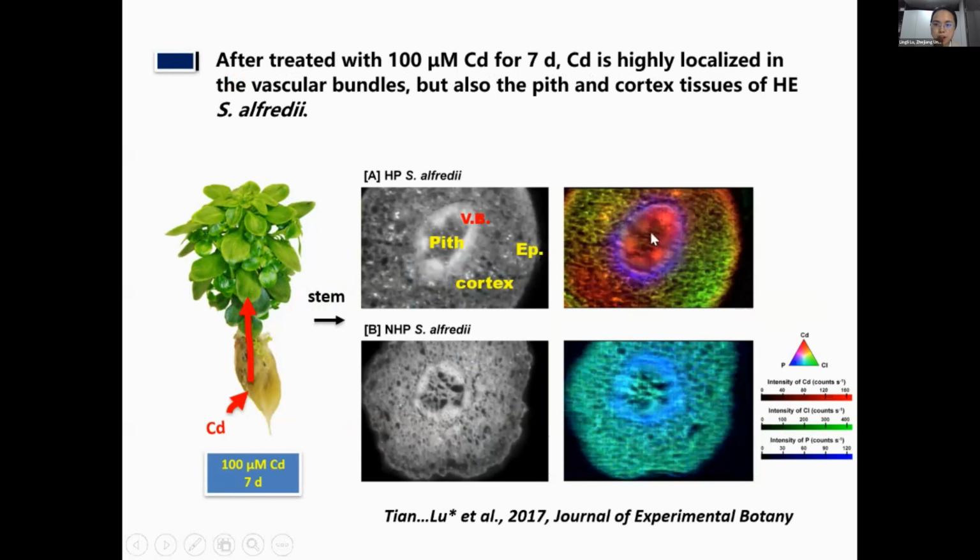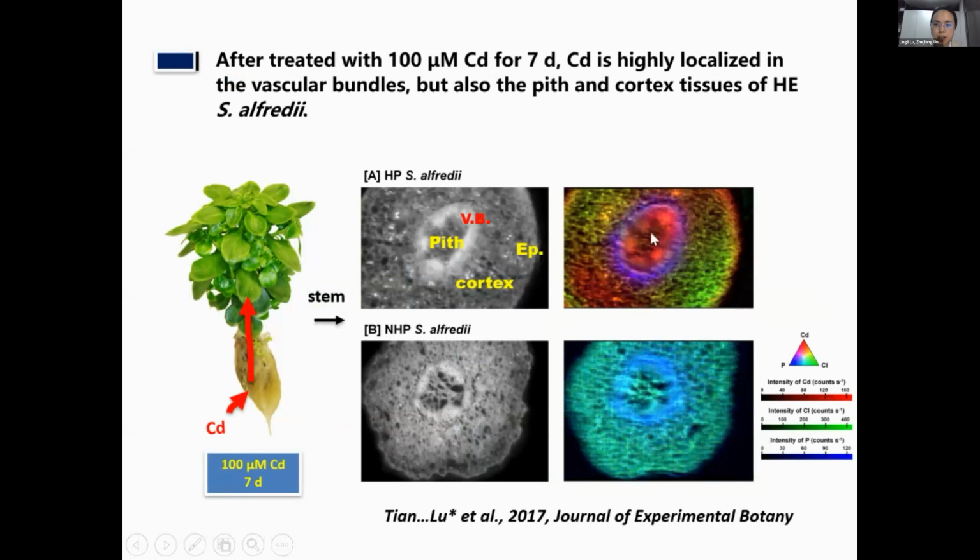Another interesting thing we found is that the cadmium distribution was very similar to the calcium distribution. So they have very similar patterns. And because we all know that calcium is sometimes stored in the vacuoles for signal transport, maybe cadmium was transported to the vacuoles by the calcium pathway.